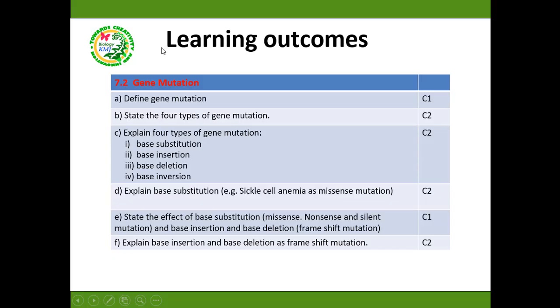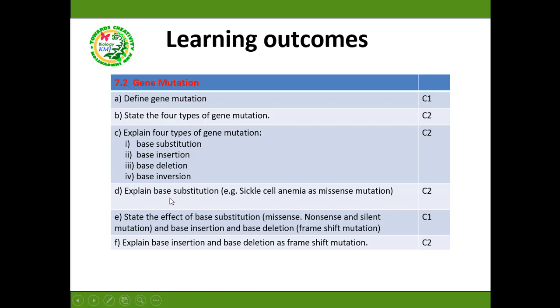Next, learning outcomes for 7.2 gene mutation. At the end of this lecture, you will need to be able to: A. Define gene mutation, B. State the 4 types of gene mutation, C. Explain 4 types of gene mutation: 1. Base substitution, 2. Base insertion, 3. Base deletion, and 4. Base inversion.